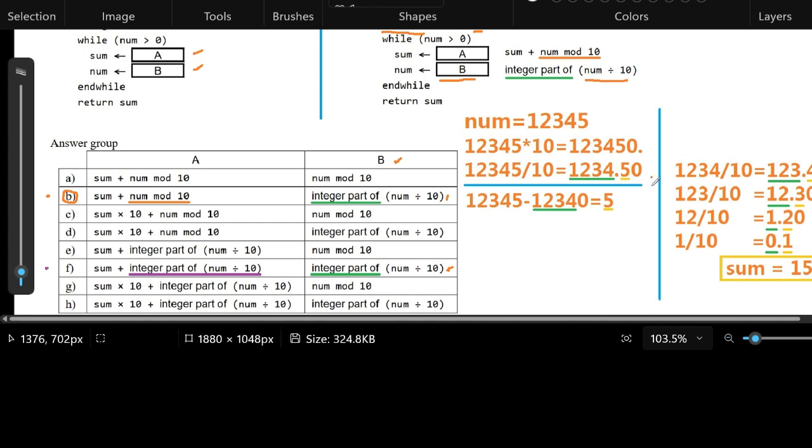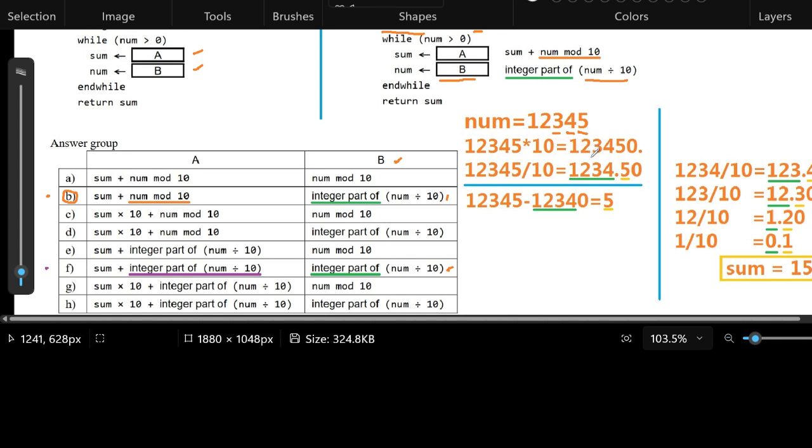And from there, we can get hold of the digits incrementally, which means that we should be able to get only, for example, 5 and then 4 and then 3, each one by one.